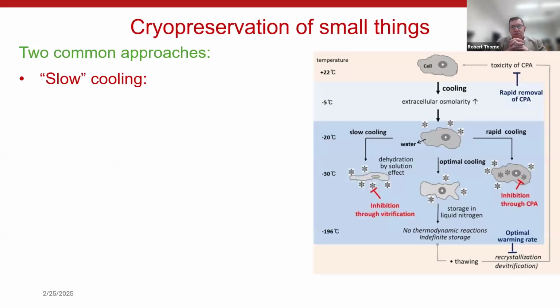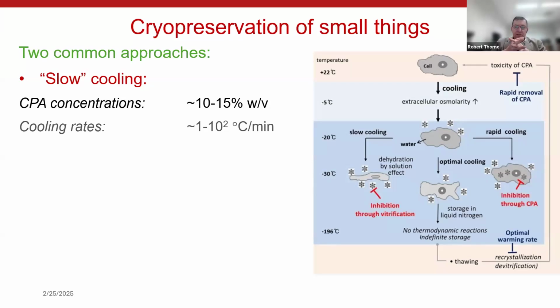So in cryopreservation of small things like oocytes and embryos, there have been two approaches. The older approach is a slow cooling approach. You typically use some CPA, some cryoprotectants, but not too much. And you cool very, very slowly, at least initially.